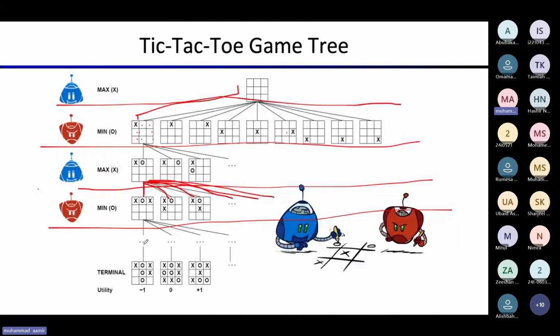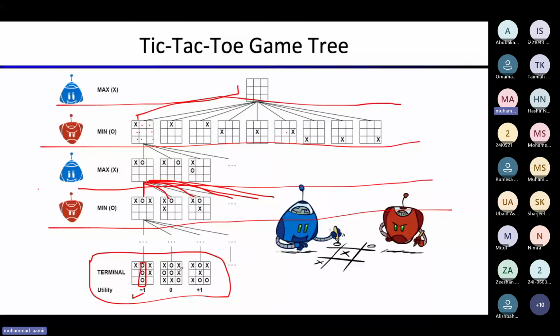Until you reach these states, and these states are called the terminal states because there are no next states possible, and you can calculate the score as well. From this, O player arranges successfully three in a column. So O player was the min player. That is why we are saying the -1 score. And from this state, no one successfully arranged.